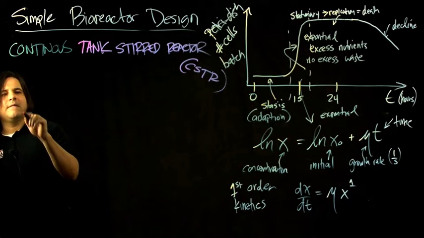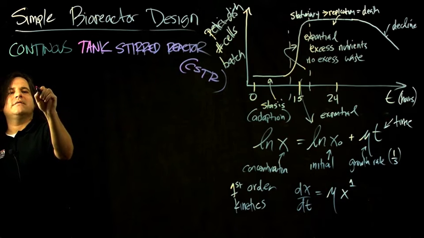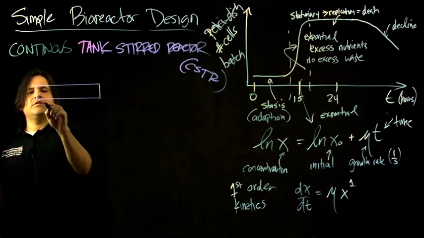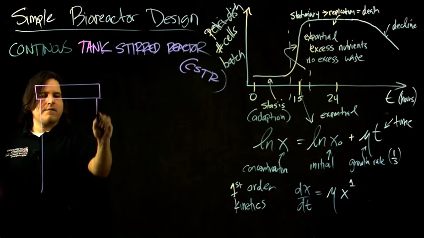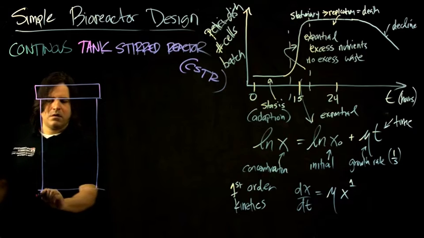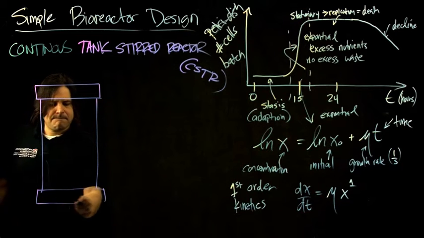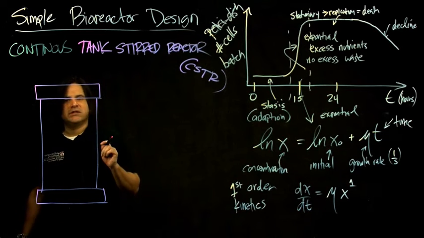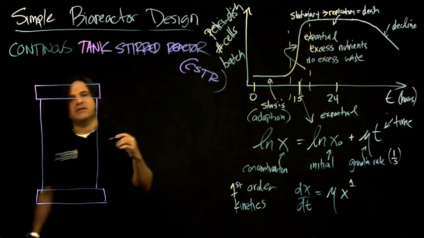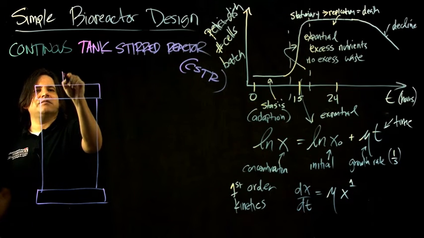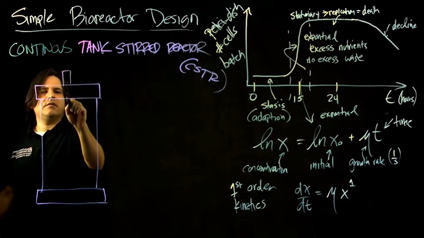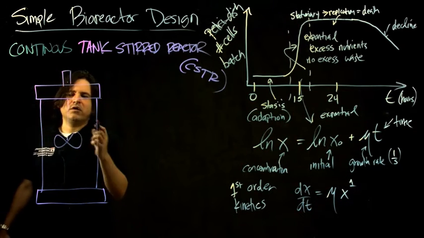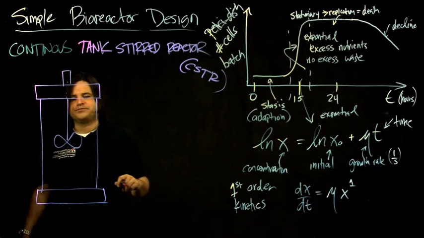So let me draw one here. So you have a tank. Here's my tank here. Then, since it's a bioreactor, most of the time you always need mixing. So it's going to have some impeller, some agitators coming down. So let's say this is the agitator, stirrer. They're more complicated than that, but I'll just draw it like this.